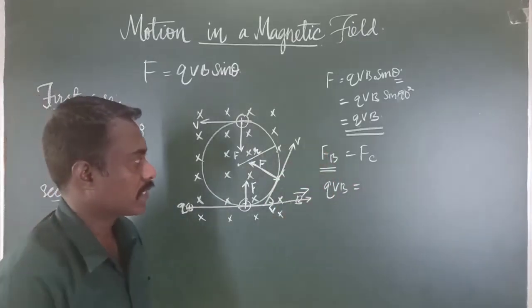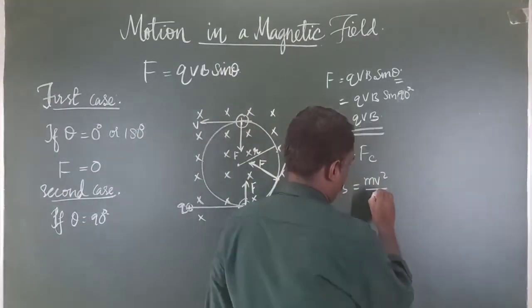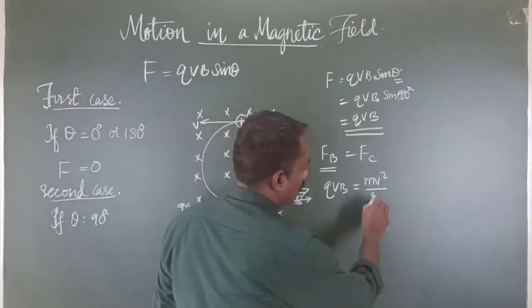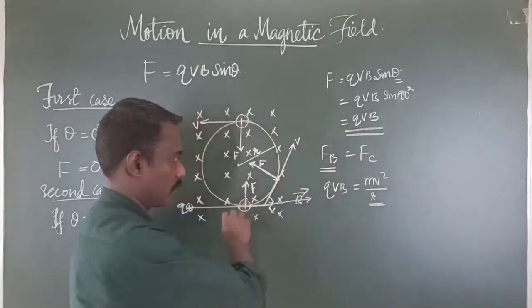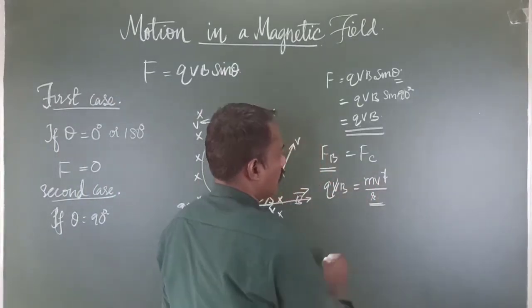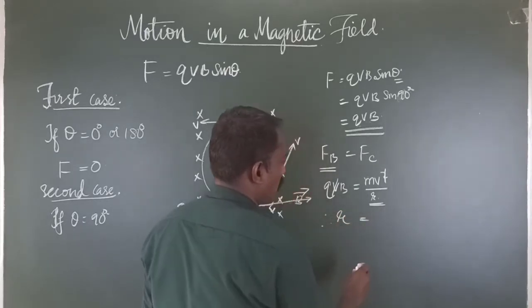What is the value of centripetal force? That is mv square divided by r. And from this equation we can calculate the radius of this circular path. So this V and V can be cancelled, and therefore what will be the value of r?